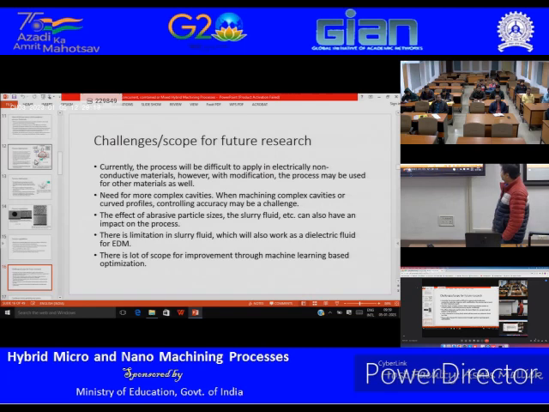There is a lot of improvement that can be done through optimization, maybe the recent optimization techniques. There is a limitation in the slurry fluid, which, as I mentioned, can also work as a dielectric fluid for EDM. The effect of abrasive particle size and the slurry fluid can all have an impact.